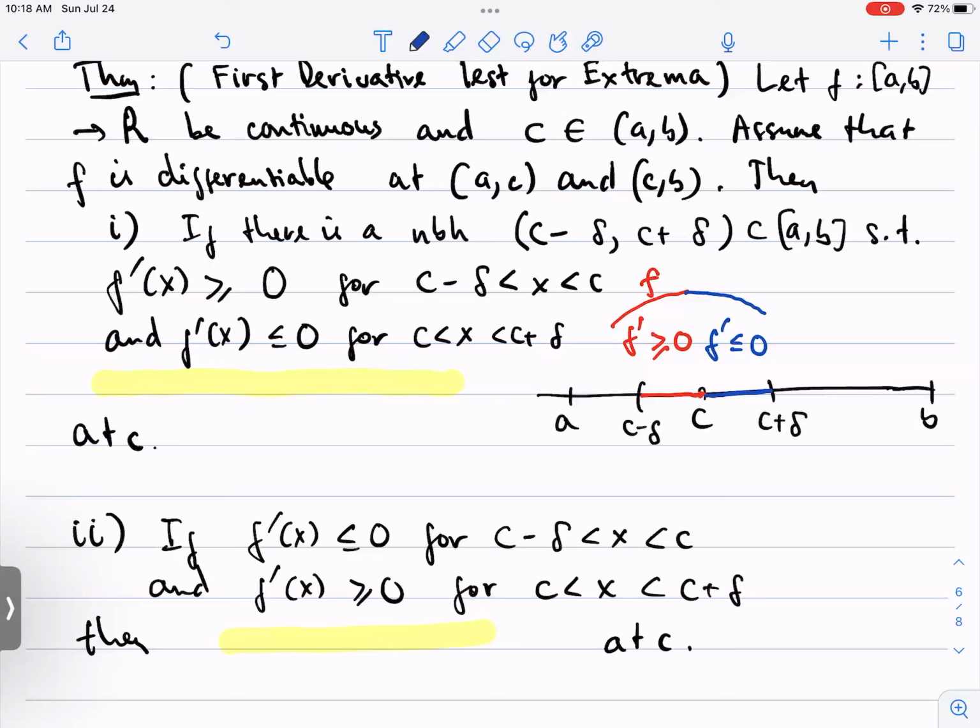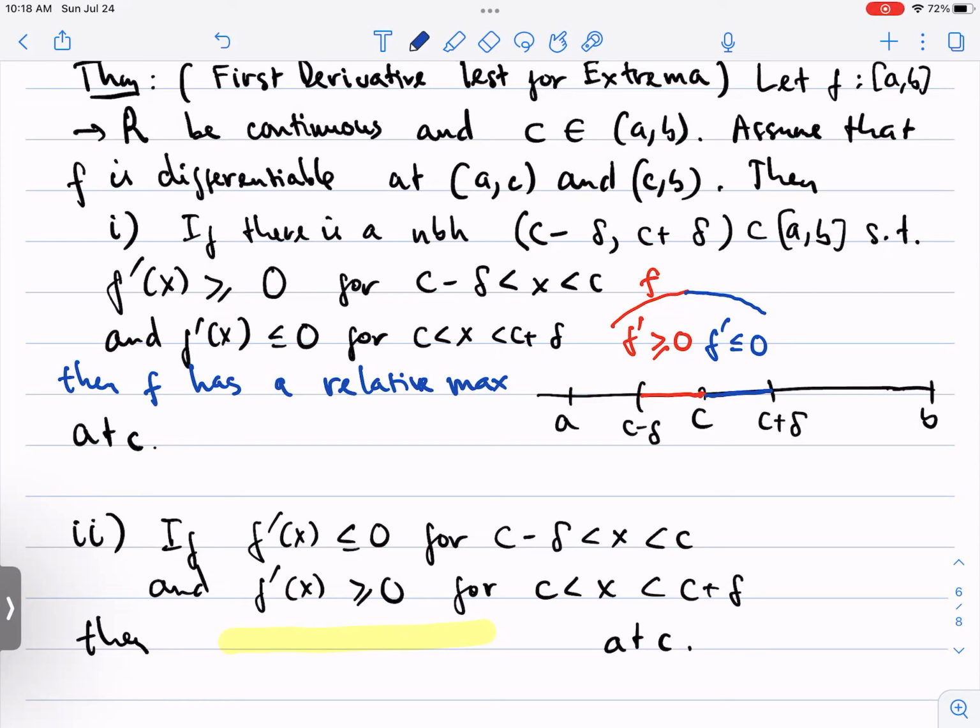So the conclusion here is that f has a relative maximum at c.